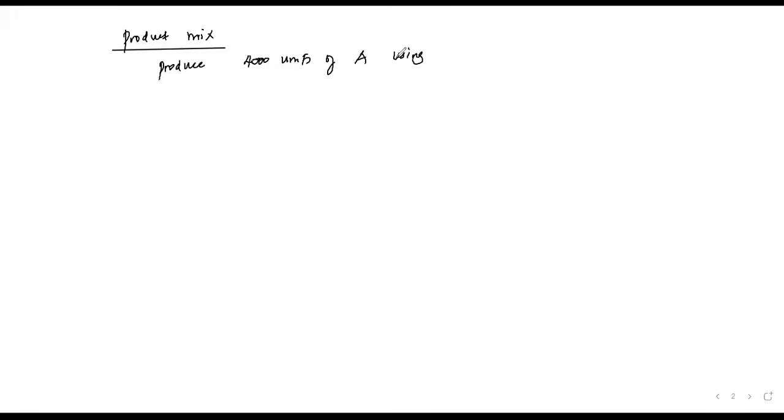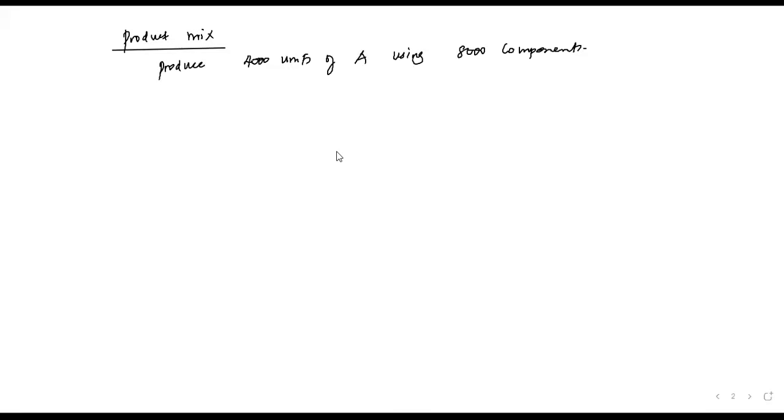Why 8,000? Because the number of components required per unit of product A is 2. So 4,000 of product A using 8,000 components.